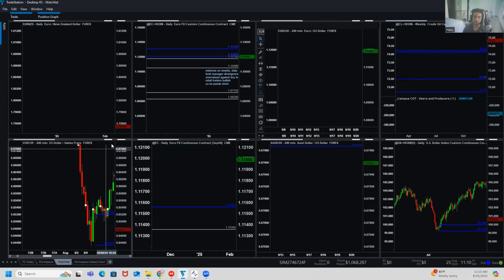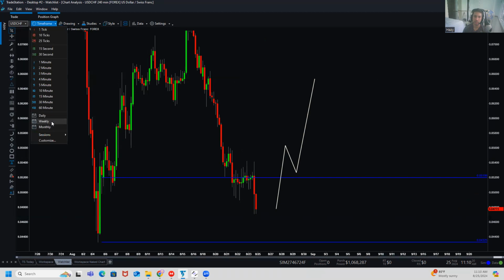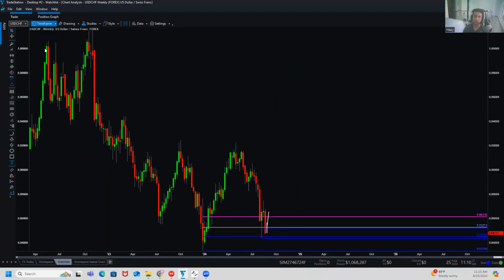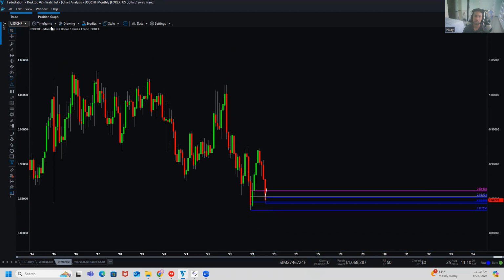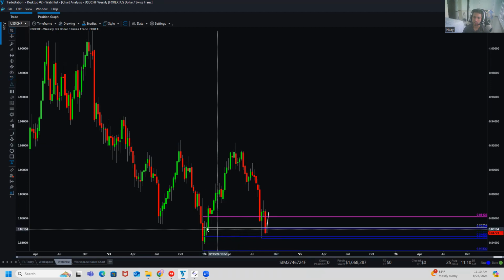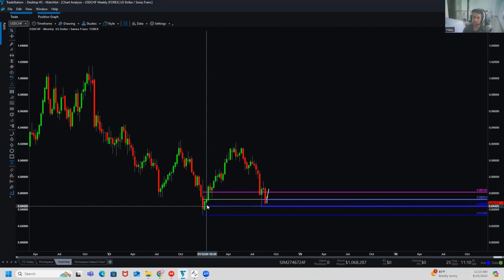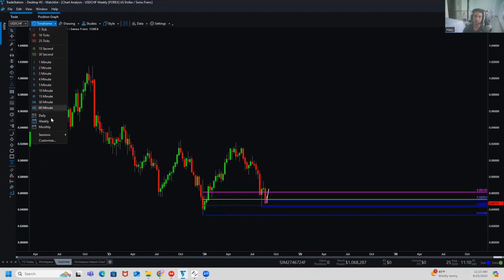So USDCHF, looking for buys on the USD. The same thing. We're currently in a monthly demand zone. We're currently in a weekly demand zone, which is represented by this white, below this white line. All of this is represented by the weekly demand.